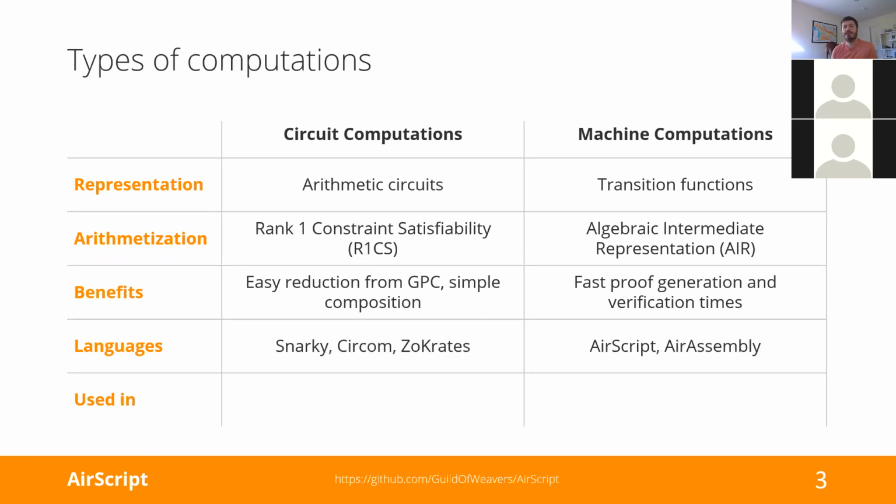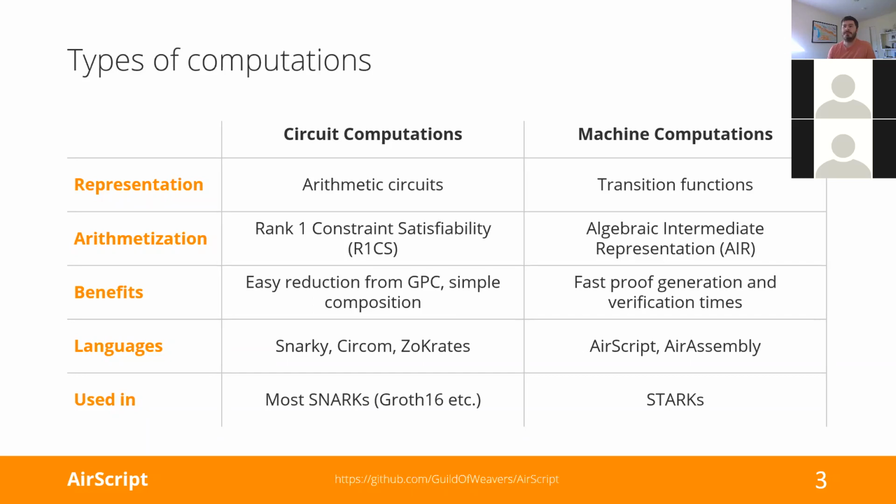And sorry, you may see my dog in the background, I'll try to block him. In terms of languages, there's a bunch of languages for R1CS: Noir, Circom, Socrates. And for machine computations, as far as I know, as of right now, there is AirScript and AirAssembly. I'll be focusing on AirScript for this session, but AirAssembly is a lower-level language that AirScript compiles to.